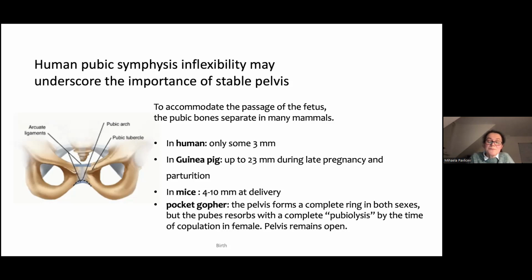So we have here some examples of changes in guinea pig, up to 23 millimeters during late pregnancy and parturition. In mice, 4 to 10 millimeters, so more than in humans, which have about 3. The pocket gopher has an even more extreme situation with pubiotomy.